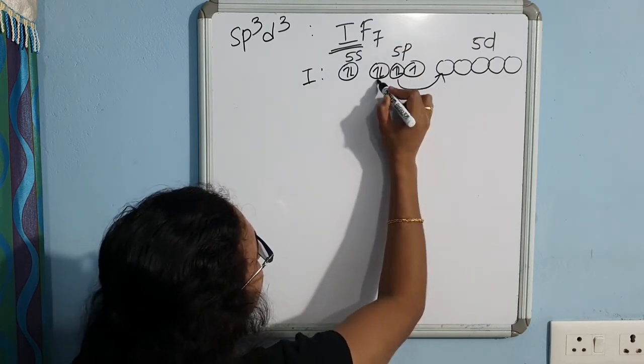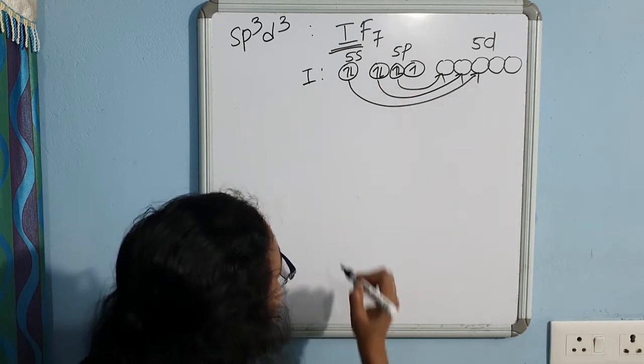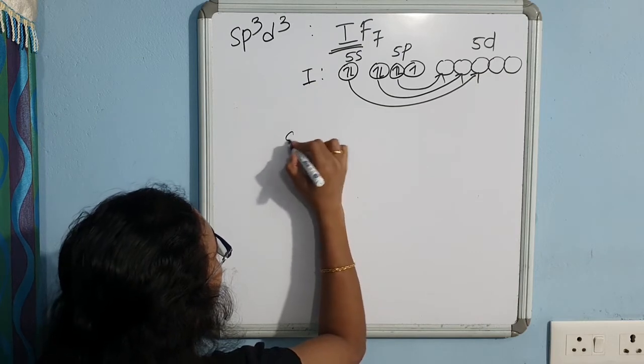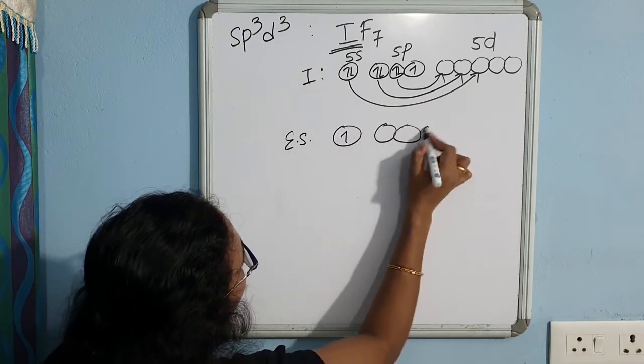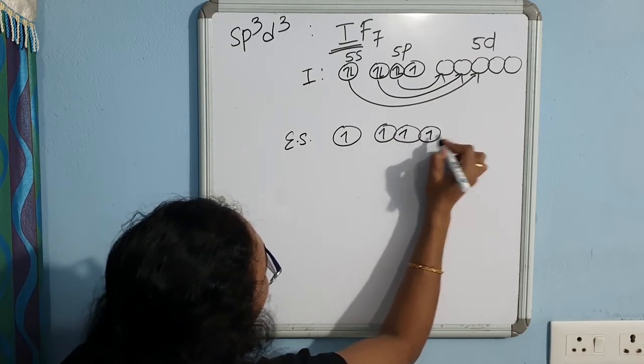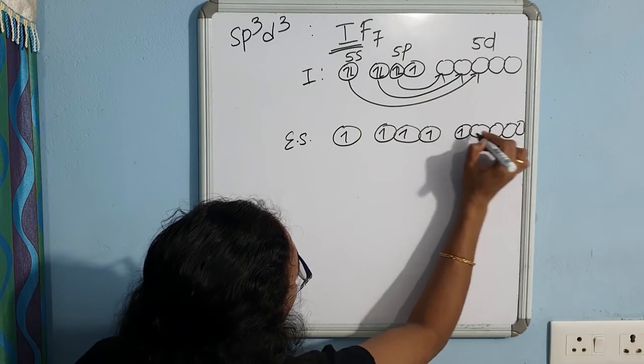So all the 3 paired electrons get promoted to the 5d orbitals, and the excited state configuration becomes 5s1, 5p3 and 5d3.